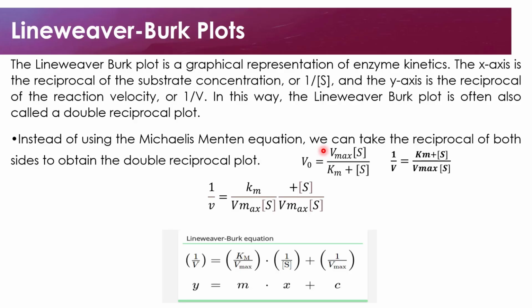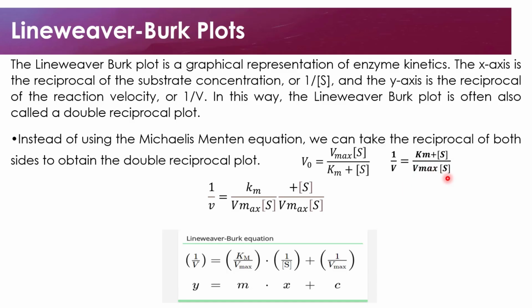So now let us see how to do that. This is our Michaelis-Menten equation, given as V naught equals V maximum times the substrate concentration divided by Km plus the substrate concentration. If we take the reciprocal of this equation, we get 1 over V naught equal to Km plus the substrate concentration, all divided by V maximum times the substrate concentration.